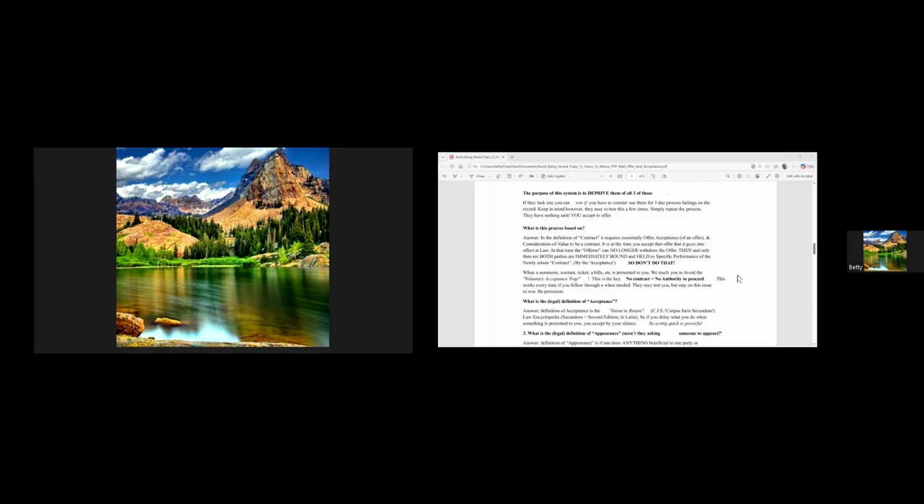At that time, the offerer can no longer withdraw the offer. Then and only then are both parties immediately bound and held to a specific performance of the newly arisen contract by acceptance. So don't do that.